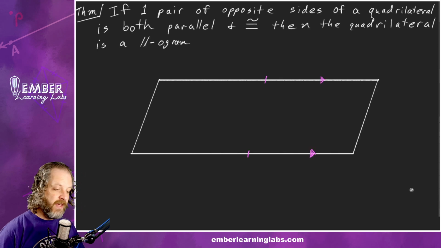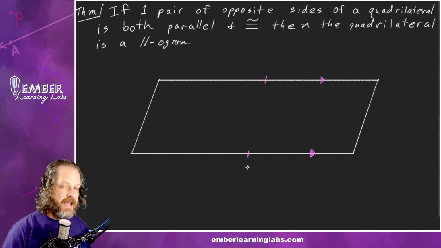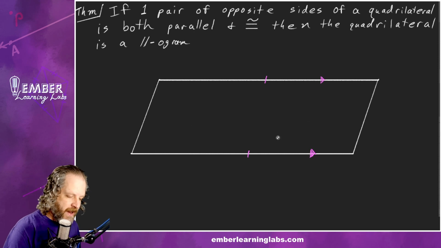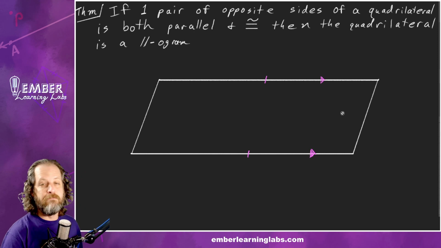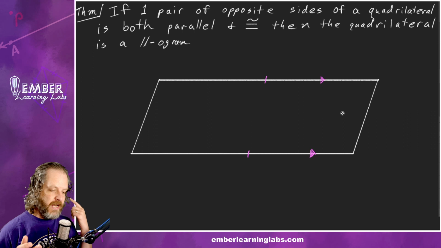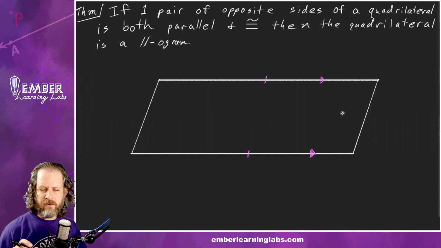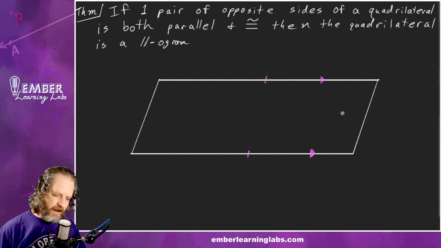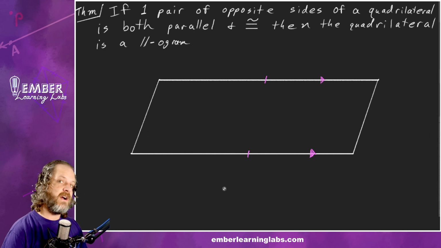Last theorem, and then we're going to get into some examples. This one's nice because pretty much everything else we had to have a pair of things: two pairs of opposite sides congruent, two pairs of opposite angles, or both diagonals bisect each other. This particular one is nice because we only have to have one pair of sides.